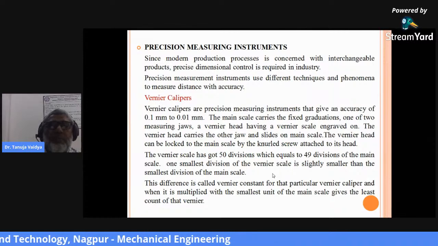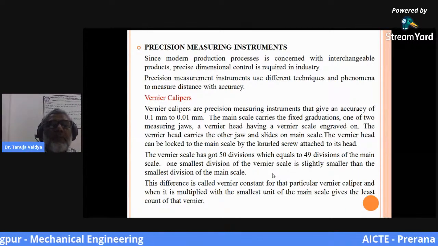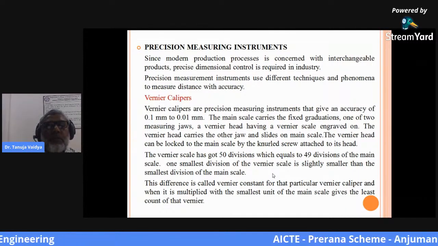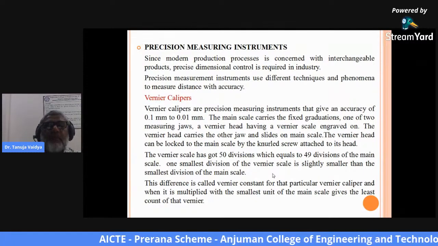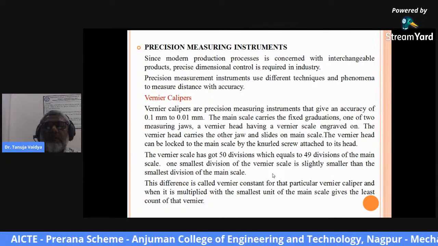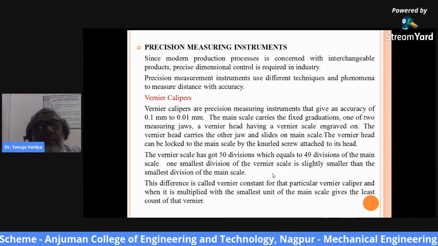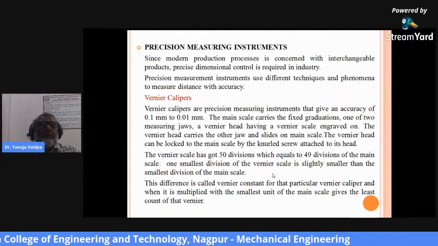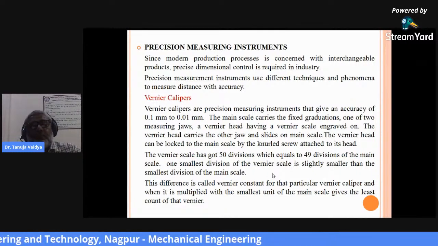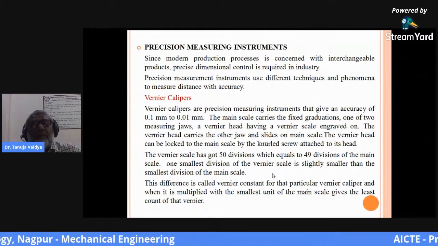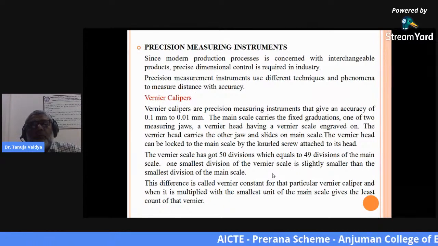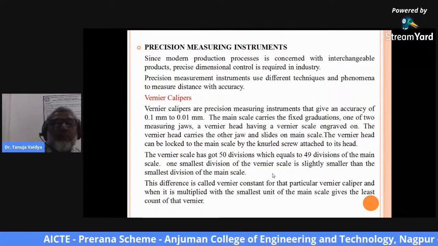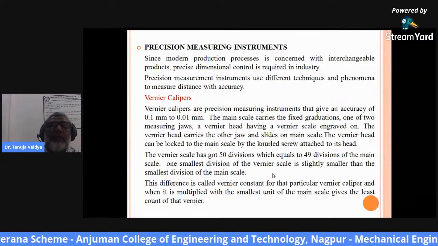One of the most important precision measuring instruments is the vernier caliper. Precision measuring instruments provide accuracy up to a level of 0.1 to 0.01 mm, and they are the most used instruments in workshops in this modern production era.